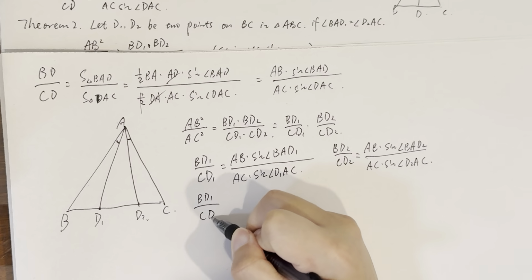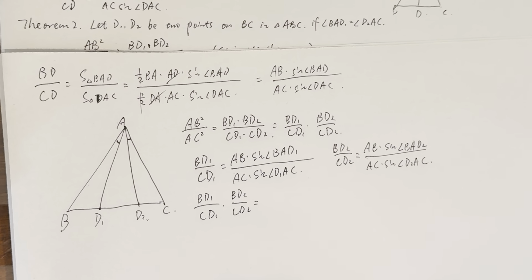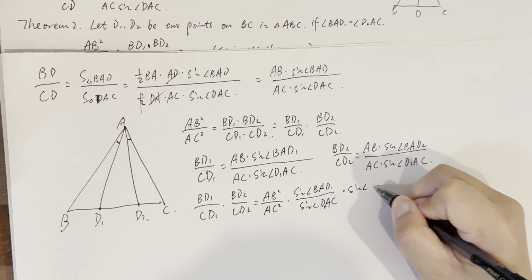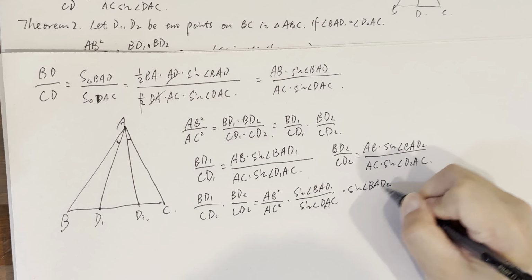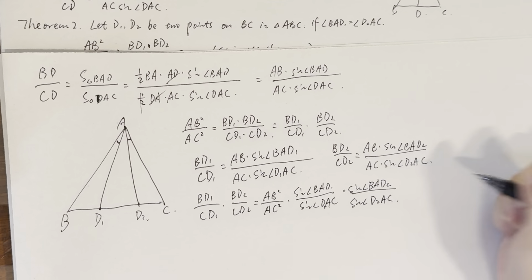BD1 divided by CD1 times BD2 divided by CD2 equals AB squared to AC squared times sine angle BAD1 to sine angle D1AC times sine angle BAD2 to sine angle D2AC, right?